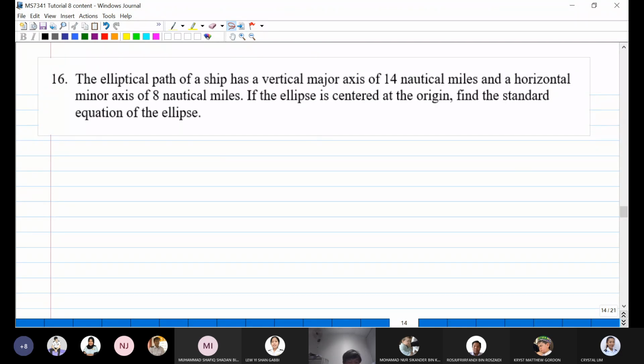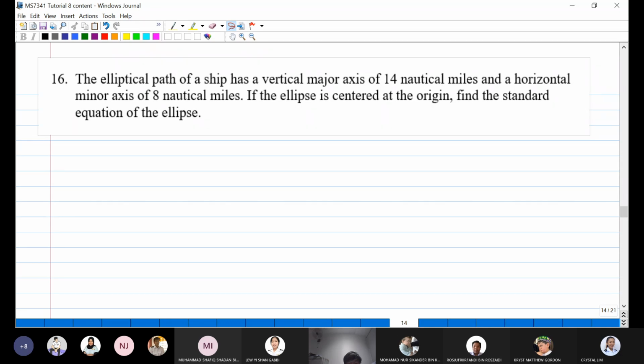So you see the question getting more and more complicated now, because this is what we try to achieve, right? You have a ship now, so later on you can see all the ship thing coming in. So the ship now moves in an elliptic path here.